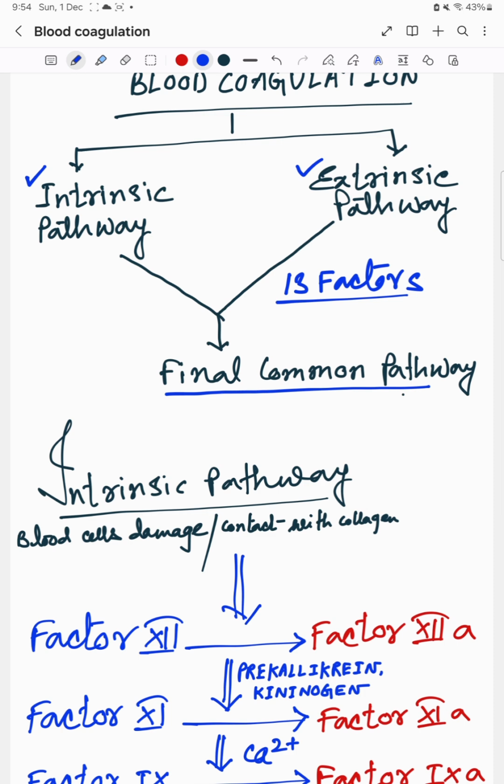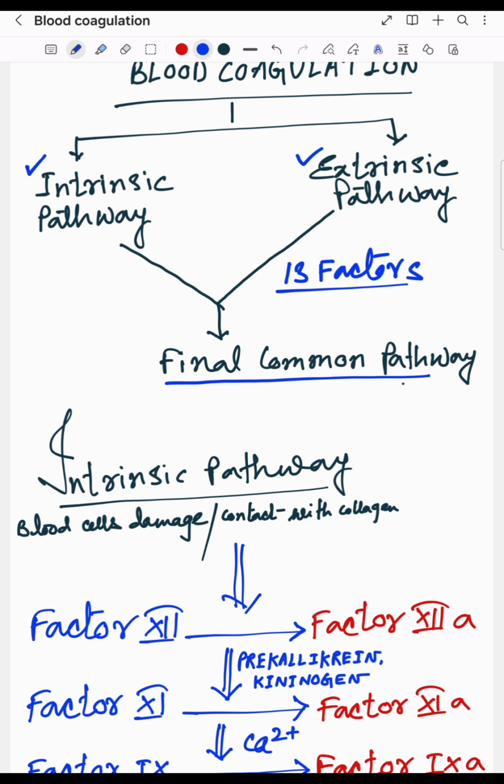See how you have to remember. There are 13 factors, so there will be a chain of events. For the activation of factor 1, we need to activate the other 12 factors. Okay, so factor 1, which is fibrin, will form the clot.